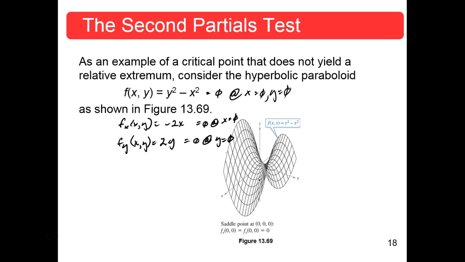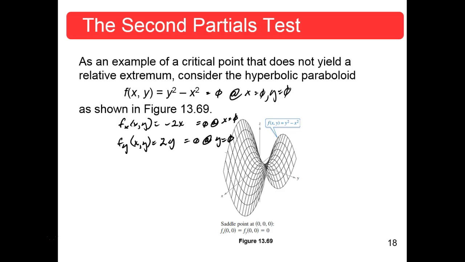The parabola part would be, look at the YZ planes or any plane parallel to that, that forms a parabola. But look at the ones in the XZ plane, and those form parabolas. One parabola is opening upwards, z equals y squared is opening upwards, and z equals minus x squared is opening downwards.